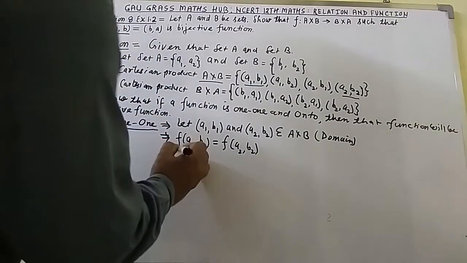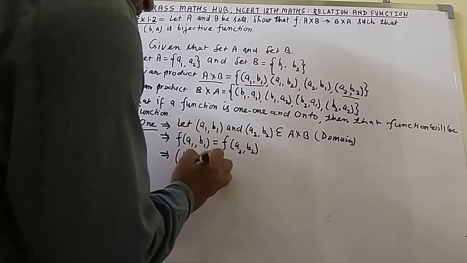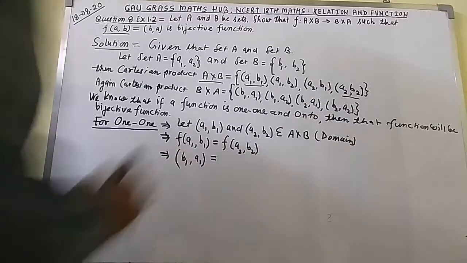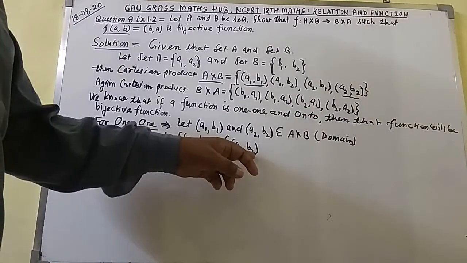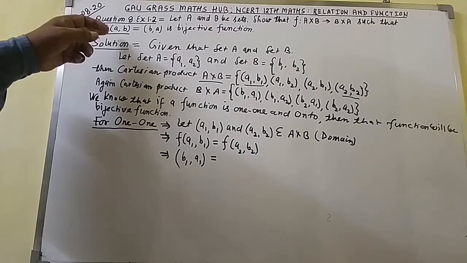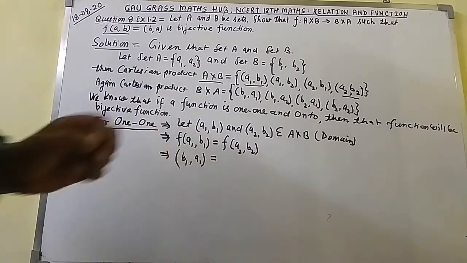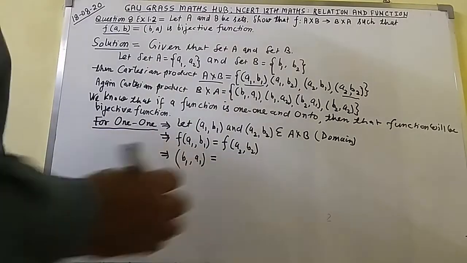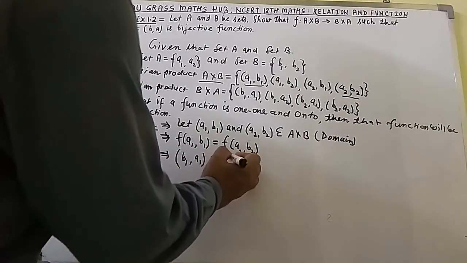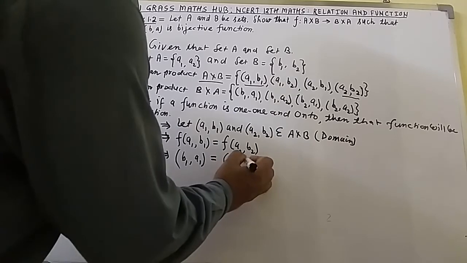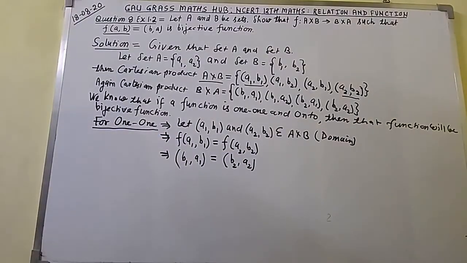So this will become the ordered pair (B1, A1) equal to f of (A2, B2), which will become (B2, A2).